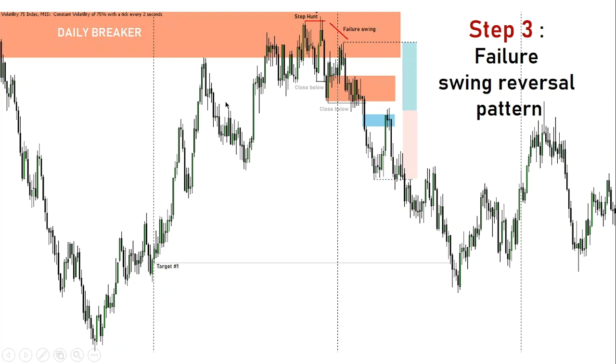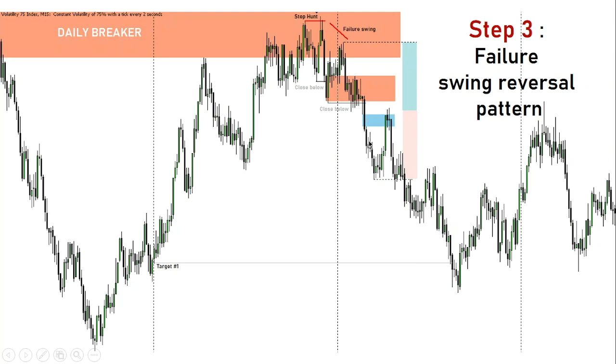So the question is, when price trades into the breaker, will it continue going higher and break or close above the breaker, or will it indicate to us that no, it's unwilling to continue going higher, but rather it wants to go lower now, hence the reversal? When price fails to take out that high, you want to see the close below that low. And even in this price section, price does not actually close below. We want to see an actual close, which is right there.